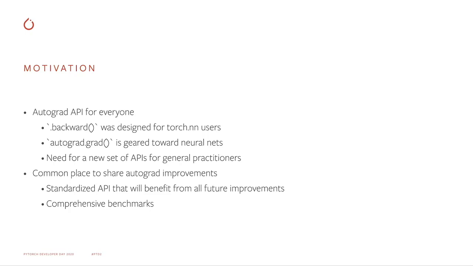Similarly, autograd.grad is geared toward neural network users in the sense that it is built to do backpropagation, and all the naming and all the API design has been done thinking about neural networks. And so we think that nowadays we have more general users that use autograd to do more optimization than just neural networks, so we needed a good generic API that these people can use to actually do everything they need.